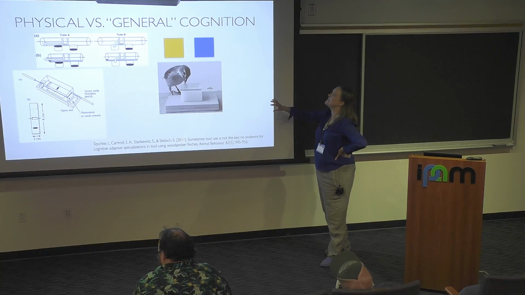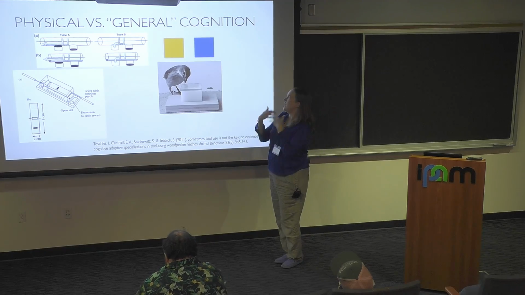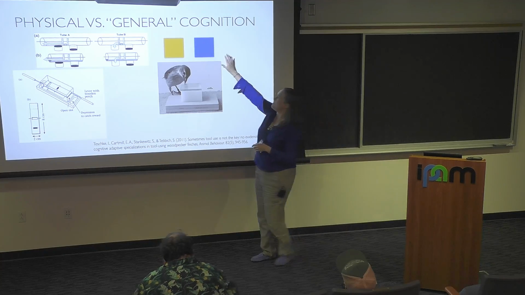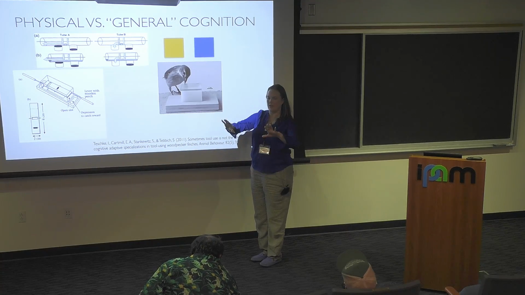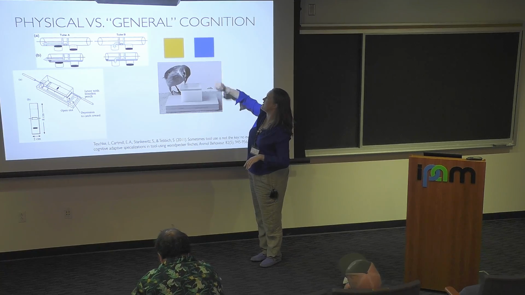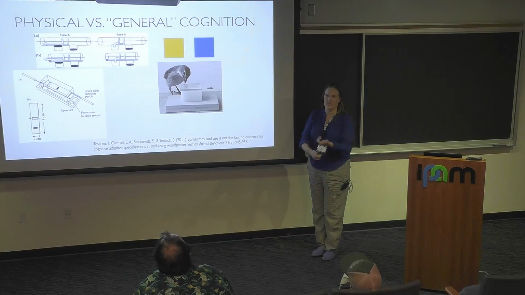And so in this task, which has been proposed as a fairly general task, you give them a pair of stimuli, and you train them that one is always rewarded. So blue might be rewarded, and you pair blue with different colors, and they're like blue, blue, blue, blue, blue, great. And then at some point, once they've learned that and they're consistently choosing blue, you swap the color that's rewarded.